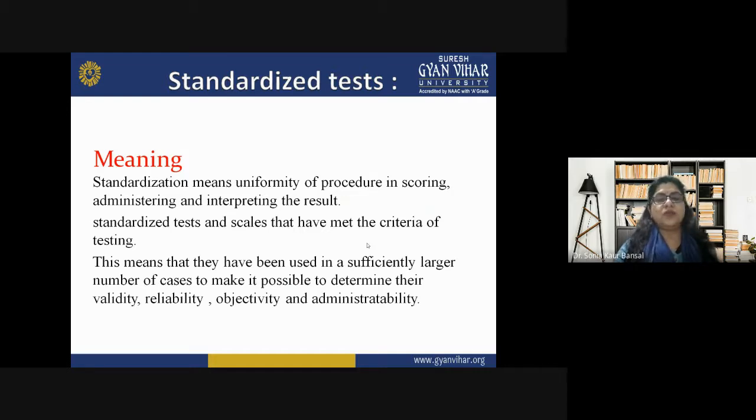When the teacher or the researcher needs to analyze a sample or the classroom students, then a standardized test is required in that case, where you want uniformity in the scoring and administering pattern of the test, where you have the population in front of you and you want to administer that particular test upon them. It would be easy for you to apply the standardized test because it meets validity, reliability, objectivity, and administrability. So it is determining those factors very nicely.